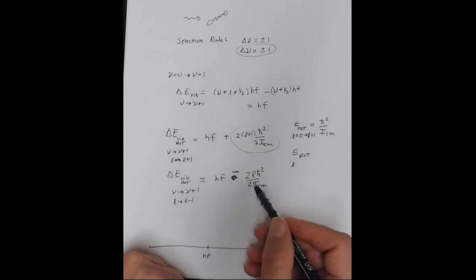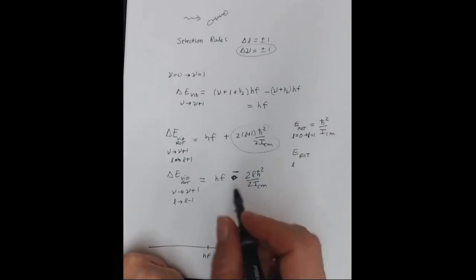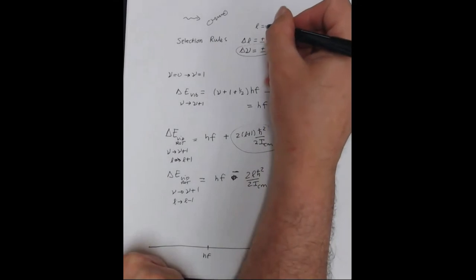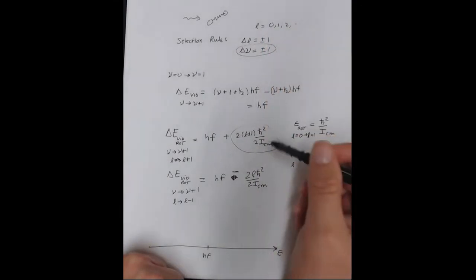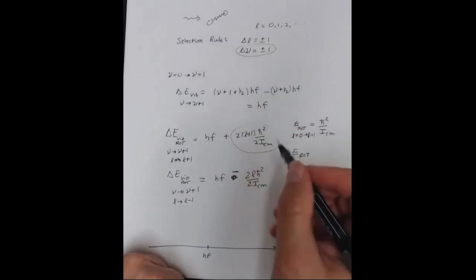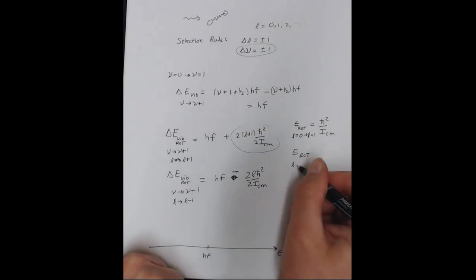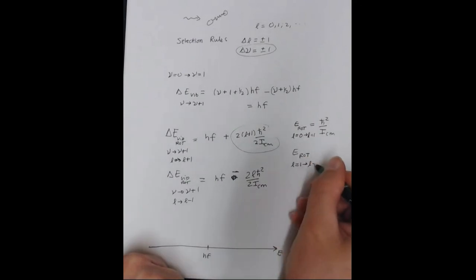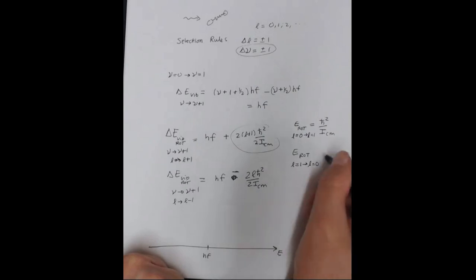When we use this formula down here, you can't start with L equals 0, because L is 0, 1, 2, and if you need a change of L going down, you can't start at 0 and go negative. So you can start at 1 and go to 0. So let's go L is 1 to L equals 0. We put in the L as 1, and we get, again, h bar squared over I center of mass.